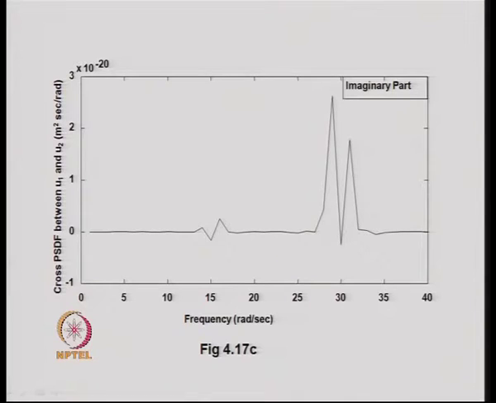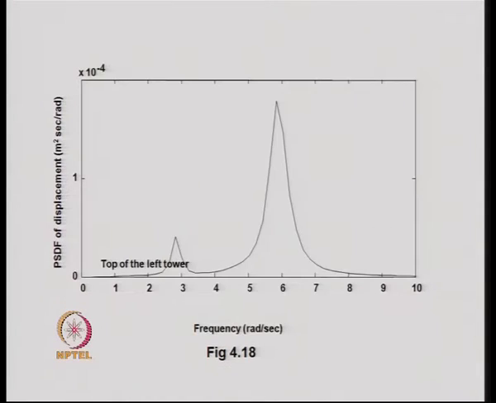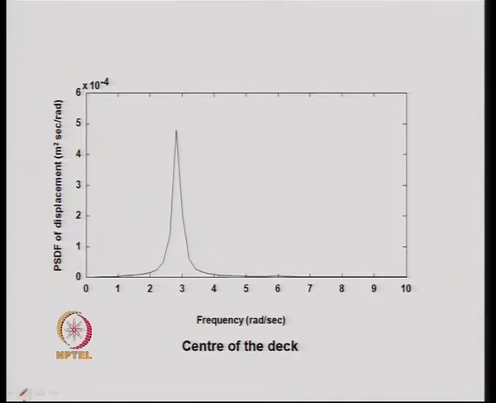As we know, the cross power spectral density function is generally complex in character, therefore it has a real part and an imaginary part. This shows the power spectral density function of the top of the left tower, and this shows the power spectral density function at the center of the deck.